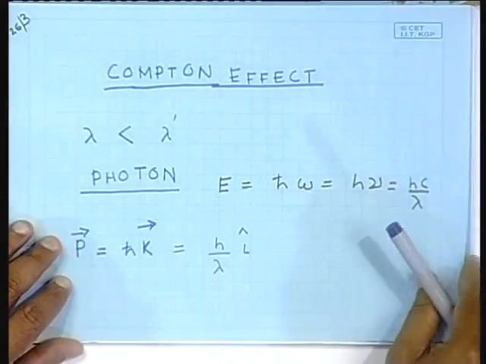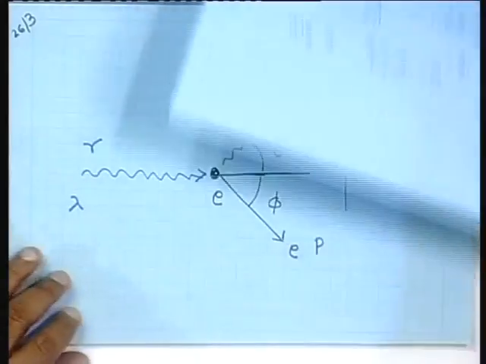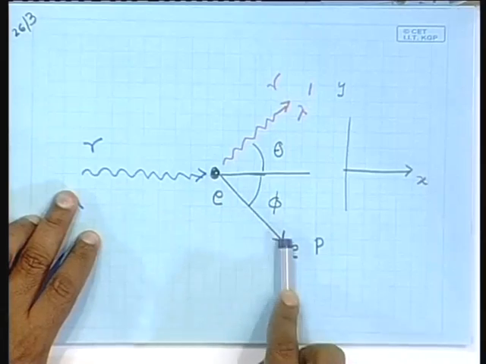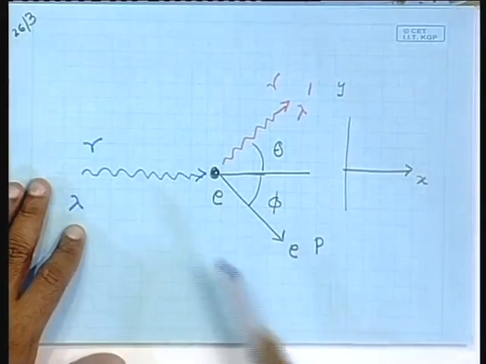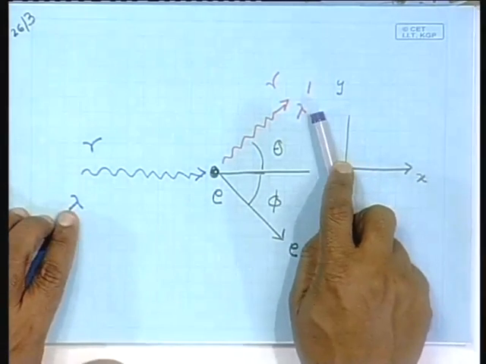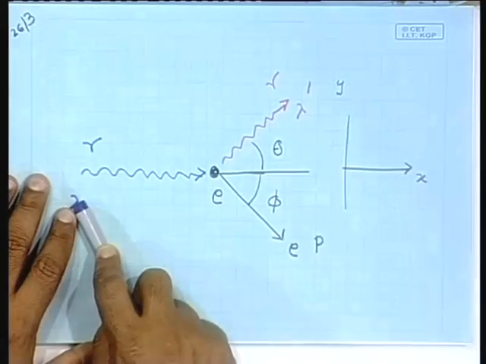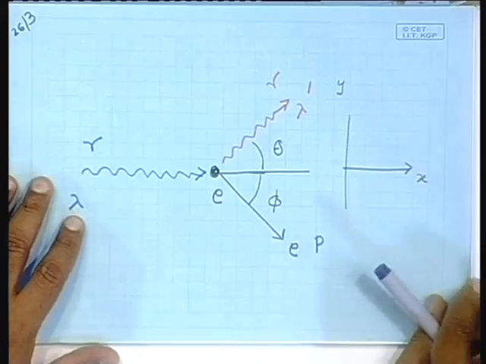So, the problem now is to be thought of as the photon incident on the electron, and the photon gets scattered in this direction, and we have to apply the laws of conservation of energy and momentum and then try to relate the wavelength of the scattered photon with the wavelength of the incident photon, the energy of the scattered photon with the energy of the incident photon.